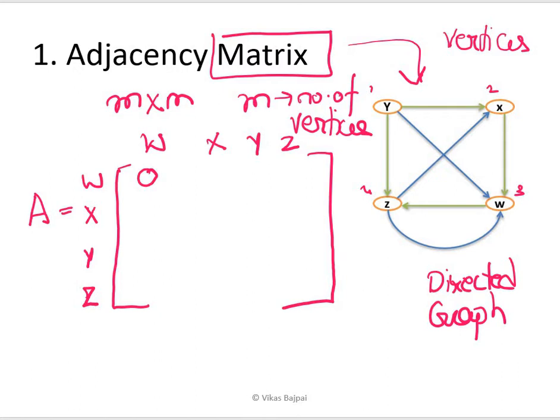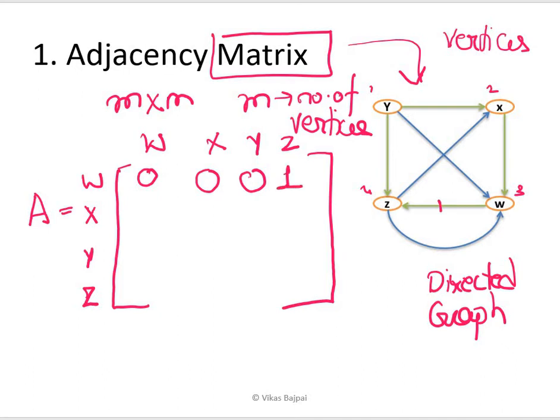Whether I have an arrow from w to x? No, so I'll add a 0 here. An arrow from w to y? No, y to w exists, so it is 0. Then whether I have an arrow from w to z? Yes, we have this arrow, so I'm adding 1 to this place.